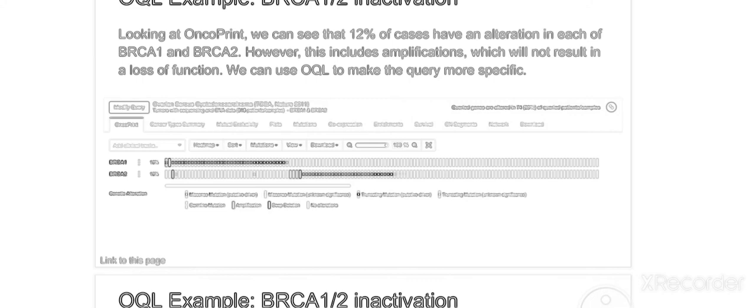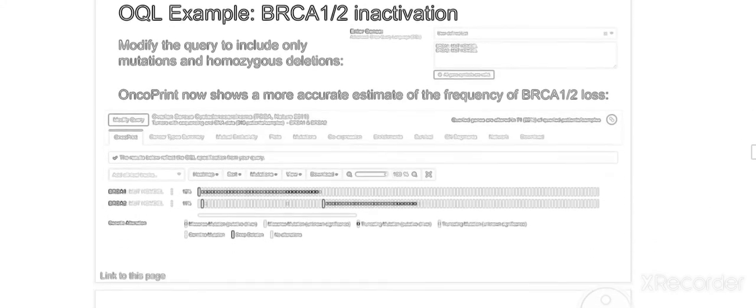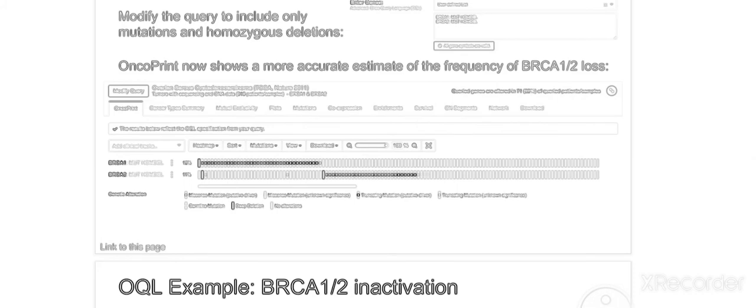However, this includes amplifications, which will not result in a loss of function. We can use Onco Query Language to make the query more specific. Modify the query to include only mutations and homozygous deletions. OncoPrint now shows a more accurate estimate of the frequency of BRCA1 and BRCA2 loss.